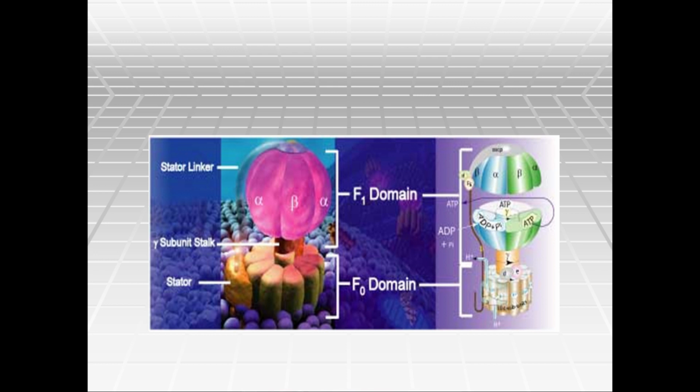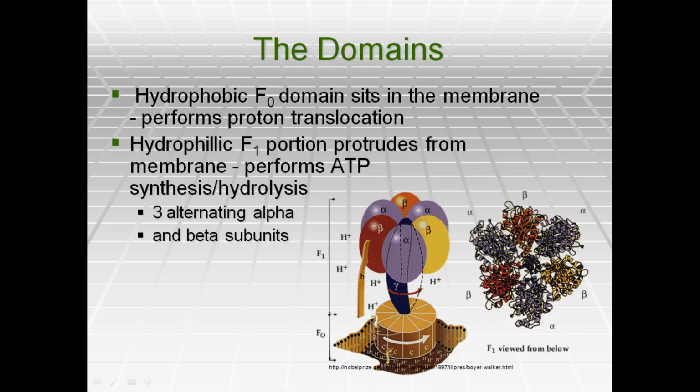As is visible in the diagram, it has two domains. The F1 domain contains the alpha and beta alternating subunits, and there is a subunit stalk and the stator, and the F0 domain consists of the stator. The F0 domain is the hydrophobic domain, sits in the membrane, and performs the proton translocation.